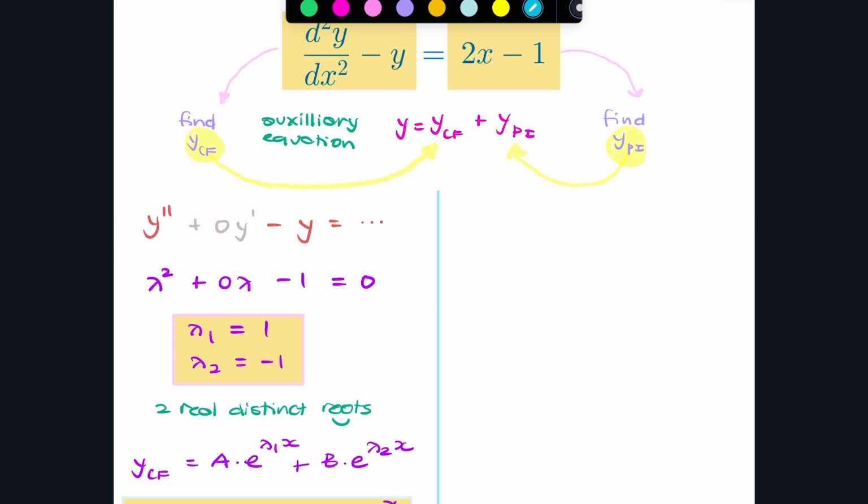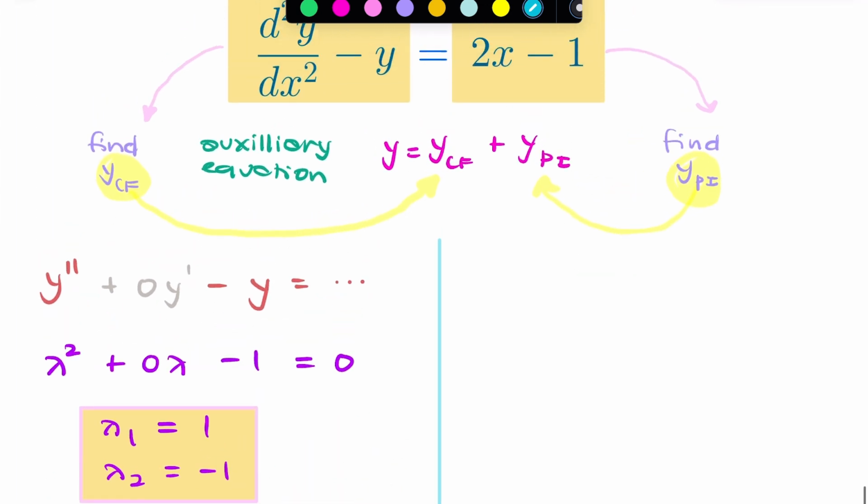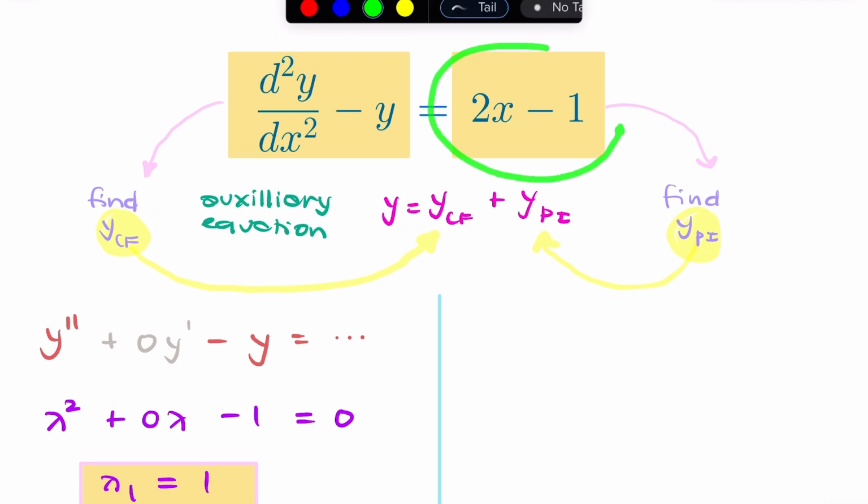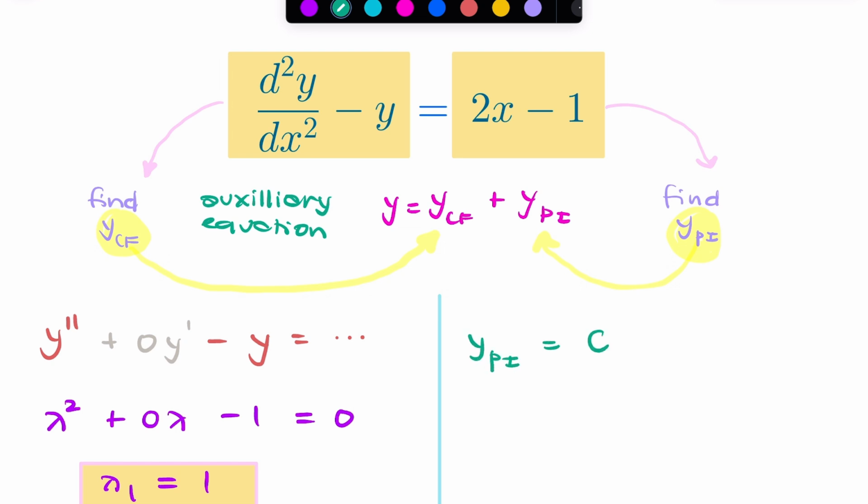Okay, so working on the right-hand side, because what we have is a linear expression, I can start with a linear guess at YPI. So I can say YPI is probably linear, something like cx plus d.